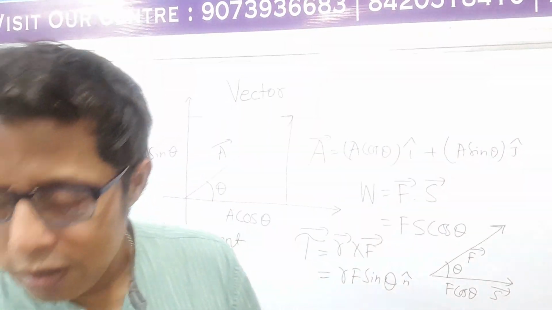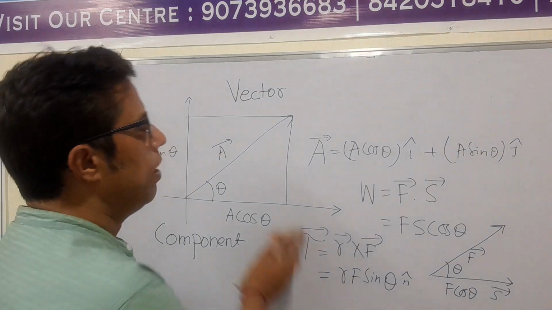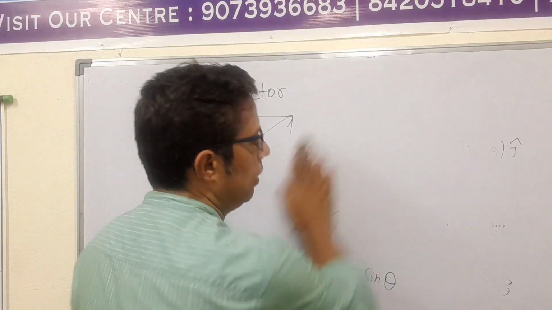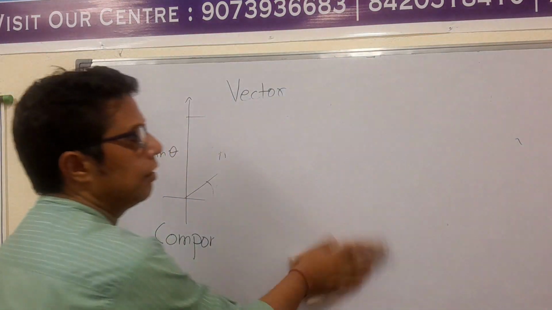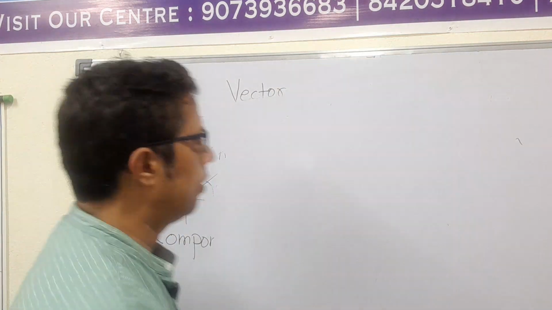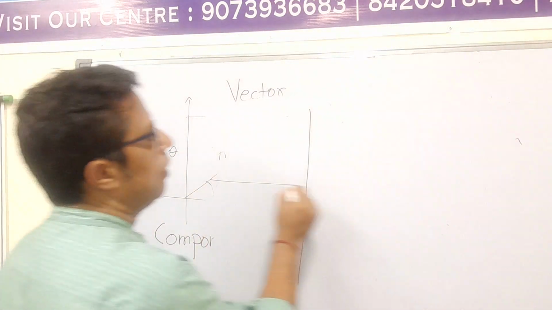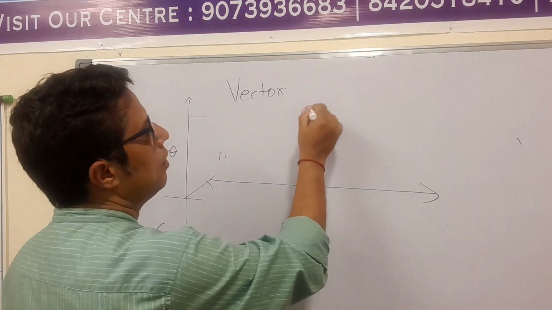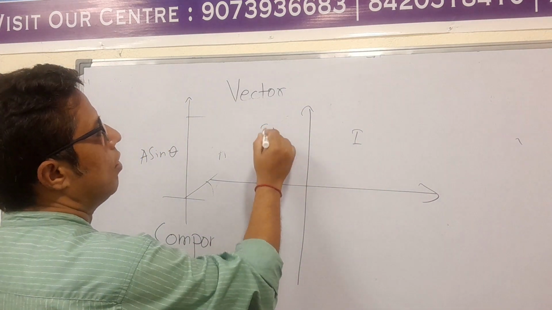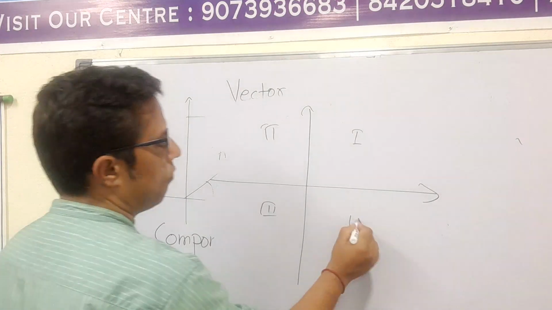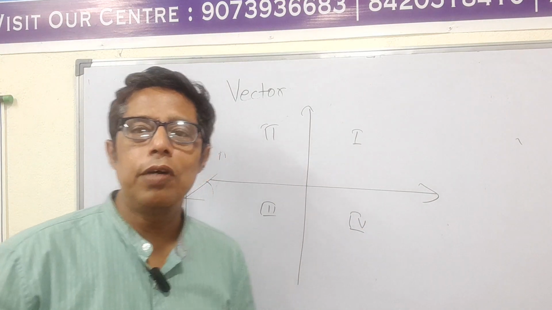For complete knowledge on the angle theta, there is a chapter in trigonometry in class 11. There you will get the details, like the first quadrant, second quadrant, third quadrant, and fourth quadrant. I hope you can follow me.